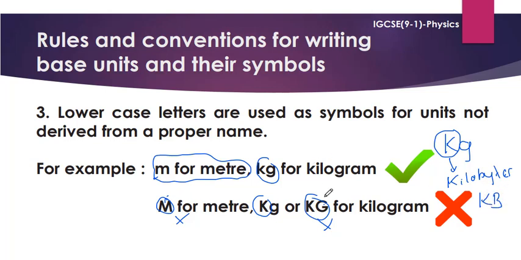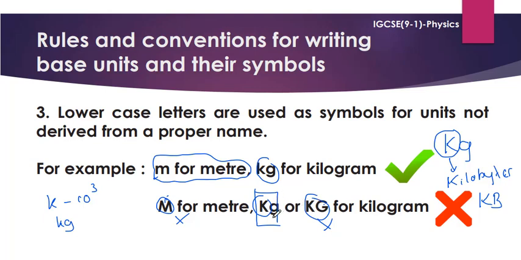But in science we use simple k for kilo. Kilo is a prefix and it represents 10 to the power 3. So kilogram is written as simple k and simple g. This is a very common mistake most students are doing, writing capital K with kilogram.